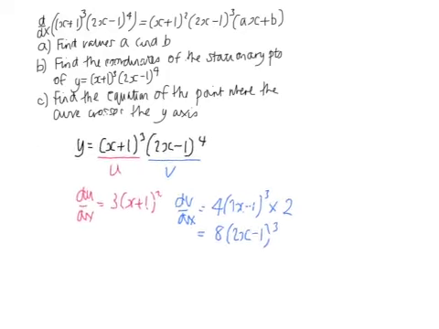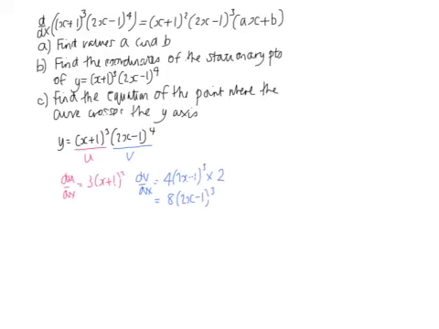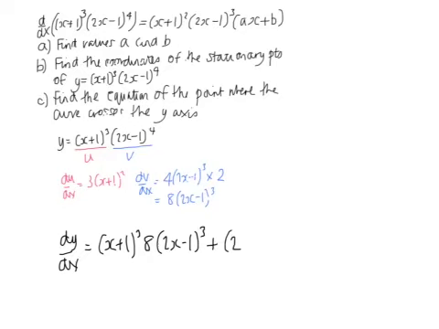All right, make those a little bit smaller. Okay, so dy by dx is u, which is (x plus 1) cubed, multiplied by dv by dx, which is 8 lots of (2x minus 1) cubed, and then v, which is (2x minus 1) to the power of 4, multiplied by du by dx, which is 3 lots of (x plus 1) squared.